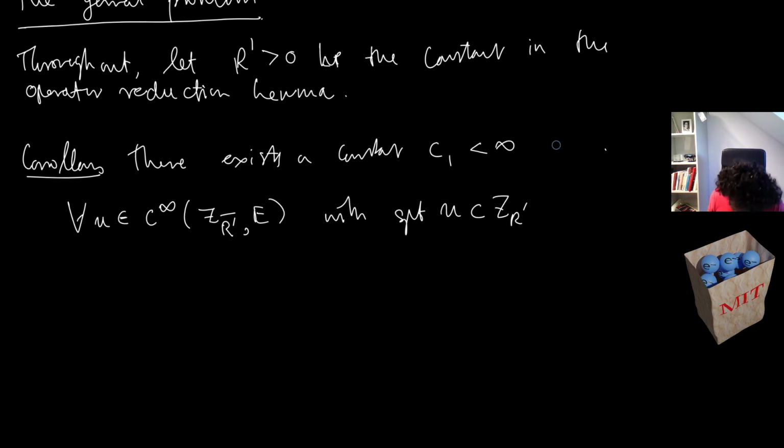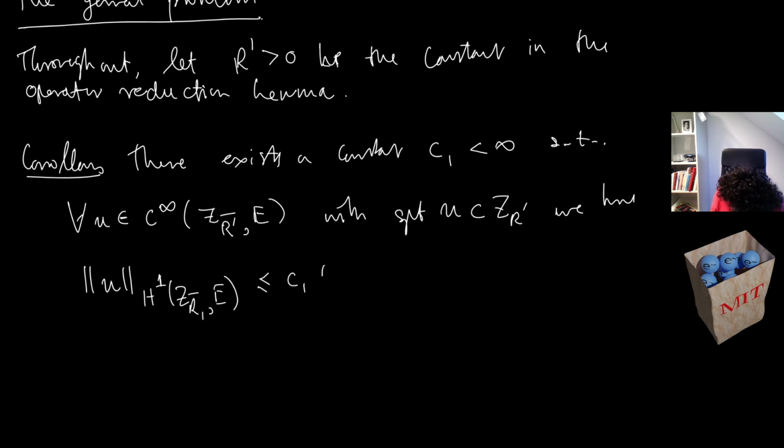So there exists a constant such that for all U with support we have the following bound: U in the H1 norm on Z R prime is controlled by C1 times dt plus A of U squared. This is L2 on the cylinder. This is what we had last time.